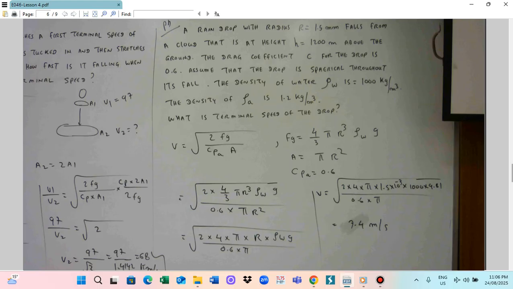Then you get the velocity here: square root of 2 into 4 into pi, and the radius is 1.5 millimeter, 1.5 into 10 power minus 3, and rho W is 1000, and G is 9.81, divided by 0.6 into pi. So roughly we got 7.4 meter per second.